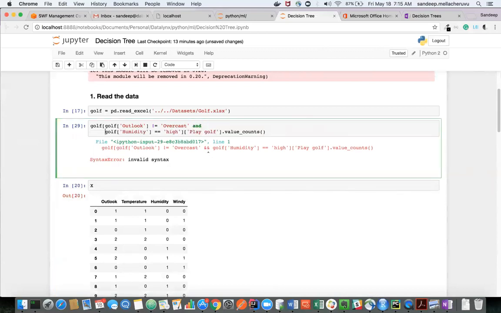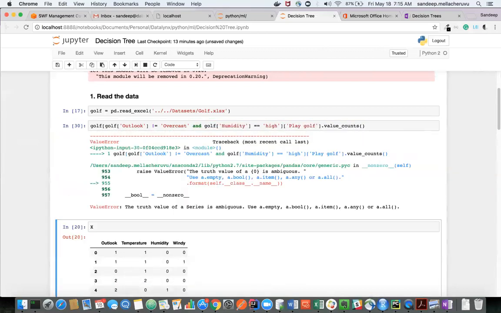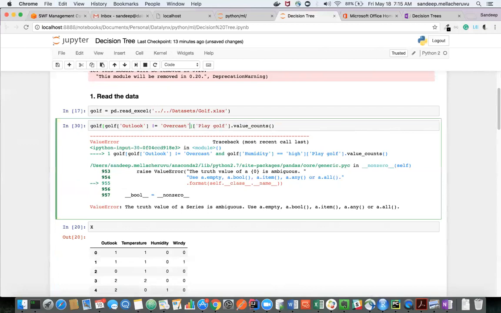Maybe this is not this, one second. Okay. Oh, this is a little difficult to do in pandas. Let me do one more thing. Golf outlook, I'm just simplifying it, not overcast.